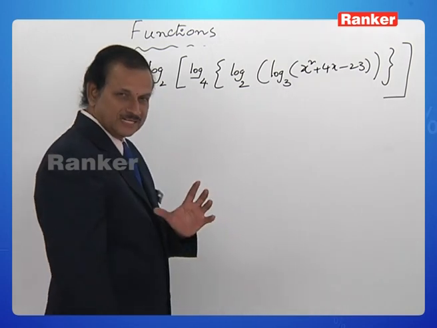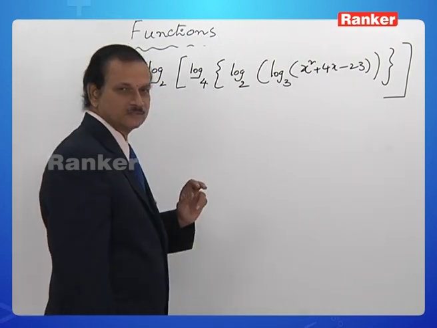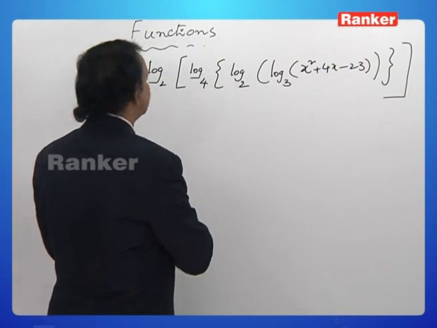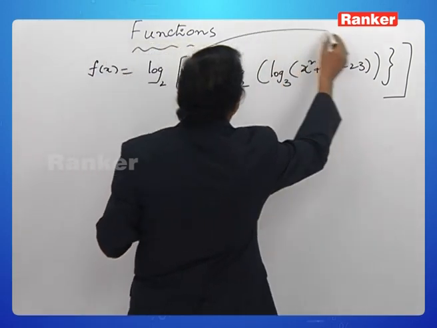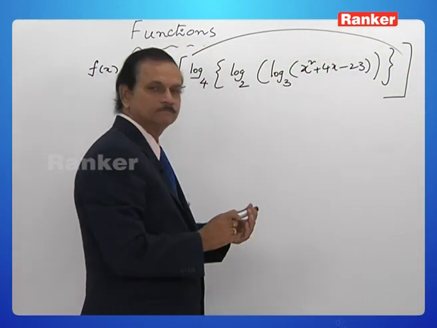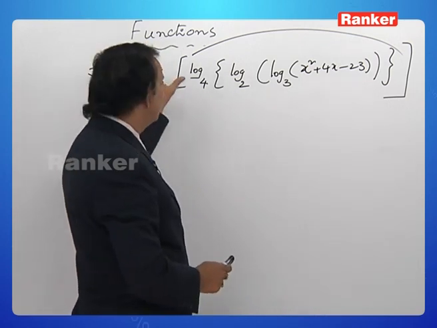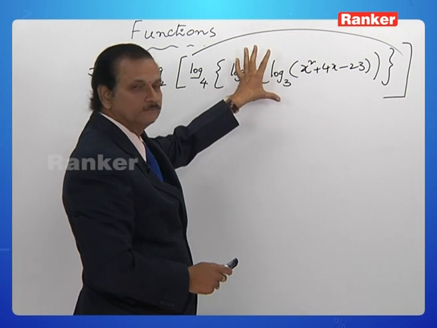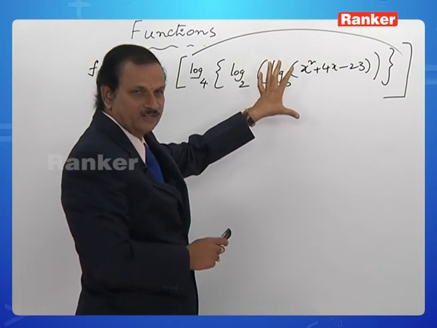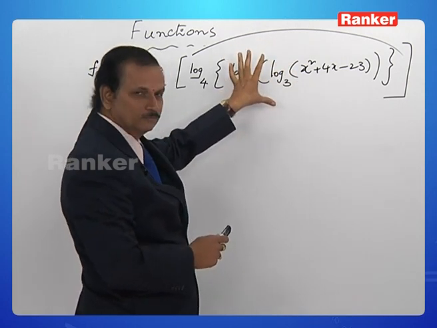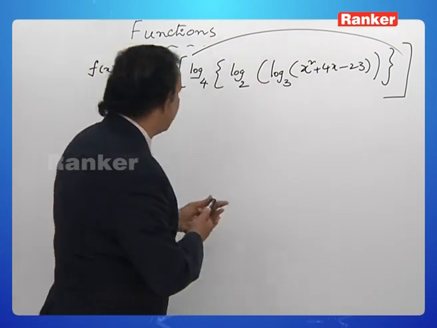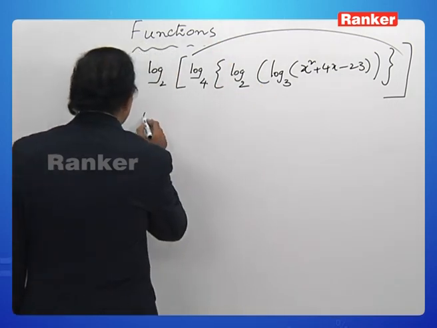Let us attend to this logarithmic function. Log of, call this entire thing some k. This logarithm can be defined only when k is greater than 0. What does it mean?